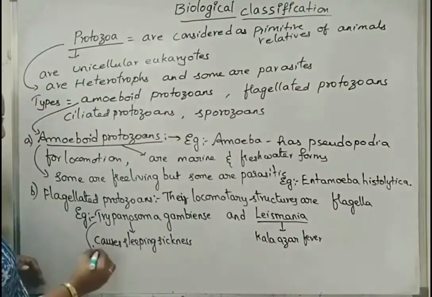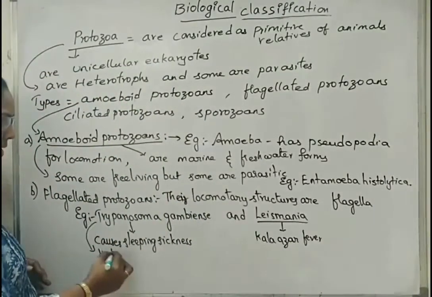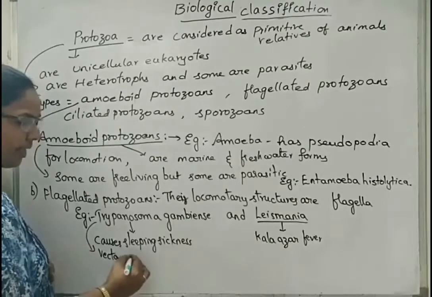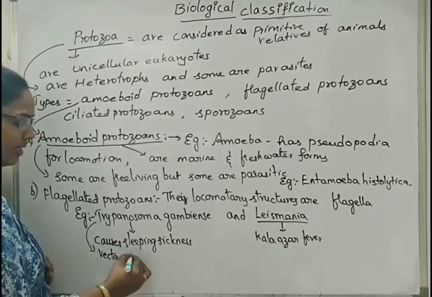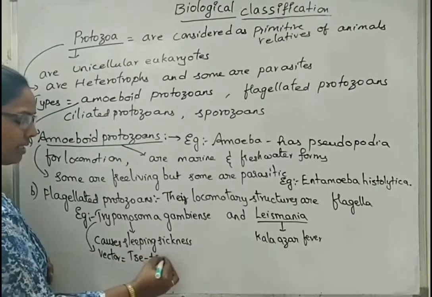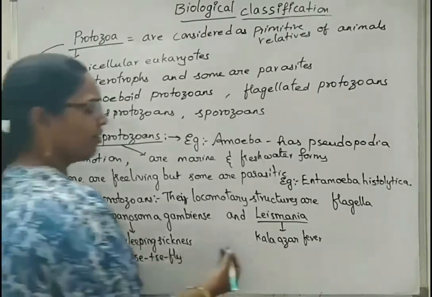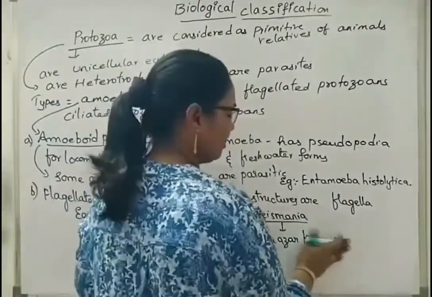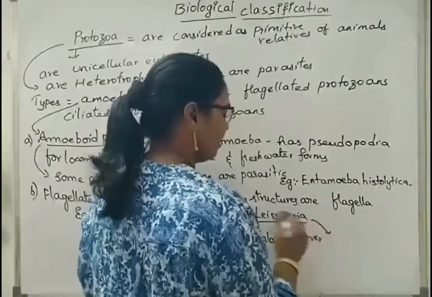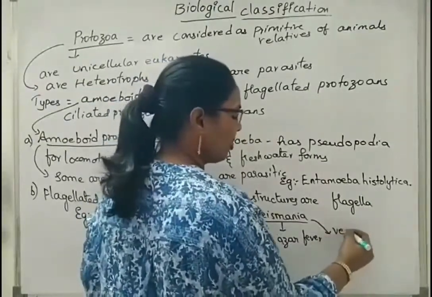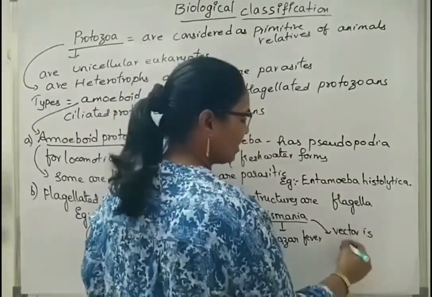The transporter is called the vector. The vector for Trypanosoma gambiense is the tsetse fly. For Leishmania, the vector is the sand fly.